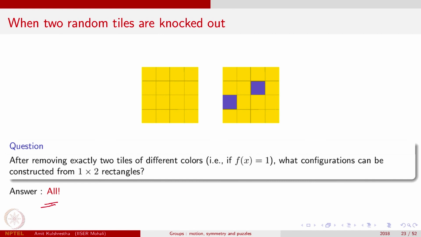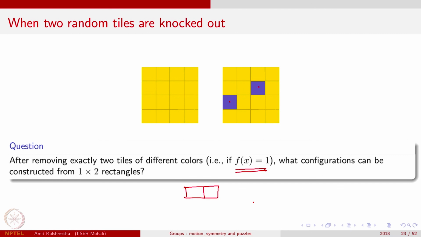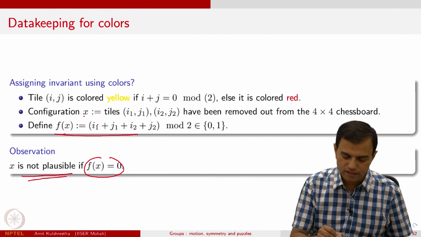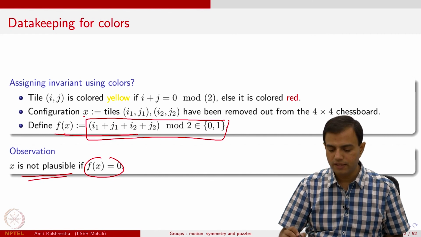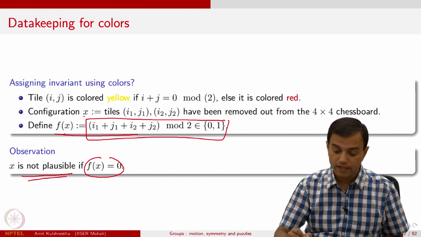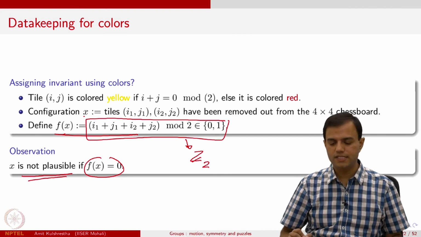It's not very difficult. There is some graph theory required to understand this, but I am not doing it here. So basically what I want to say is that the concept of invariants and some mod 2 invariants can be used to resolve certain puzzles, and here your function is lying in the group Z2.